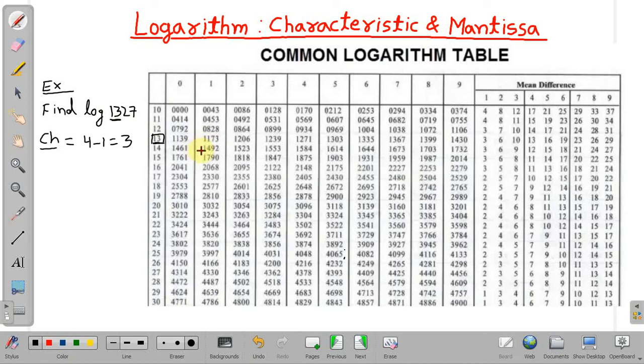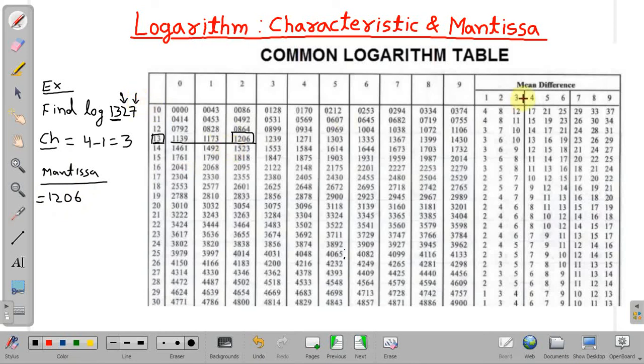So we select 13 as the row, then after 13 it is 2. We look at the column which contains 2, then we match both, and we get 1206. So we write the mantissa. The mantissa is 1206. Okay, the next digit is 7.